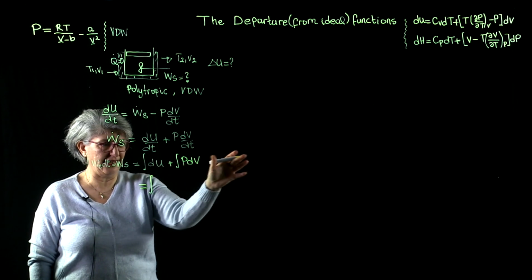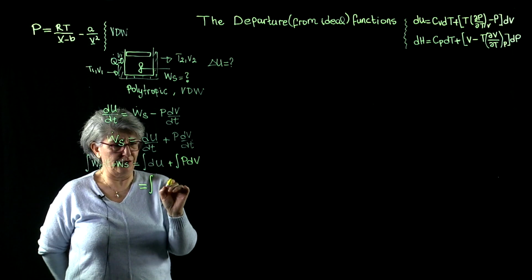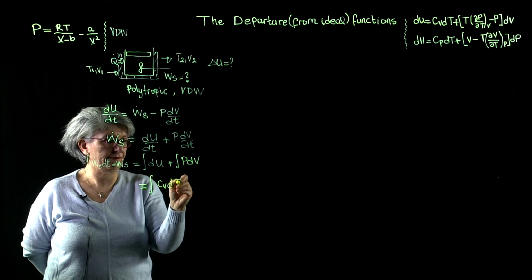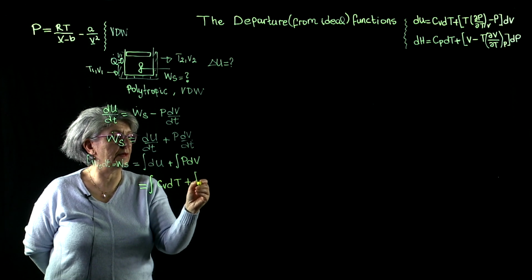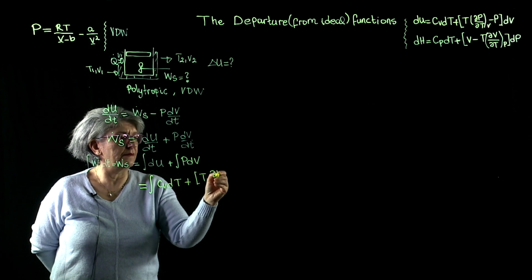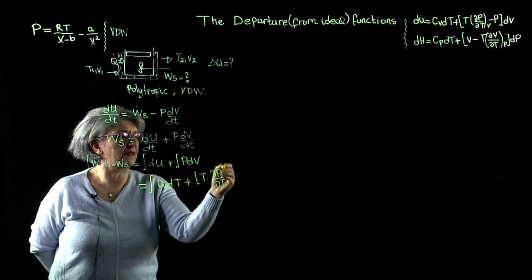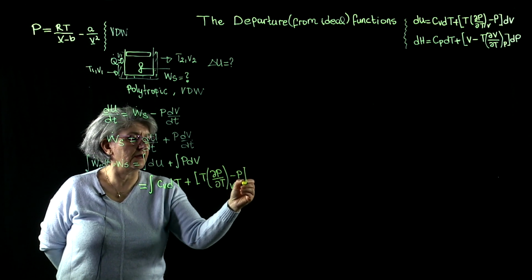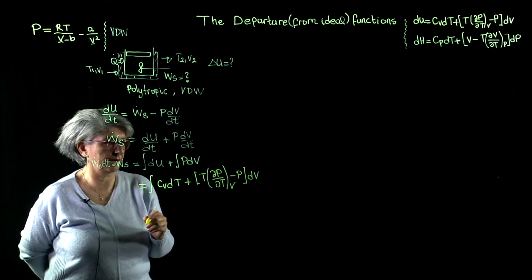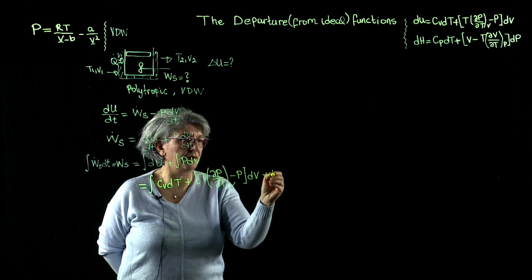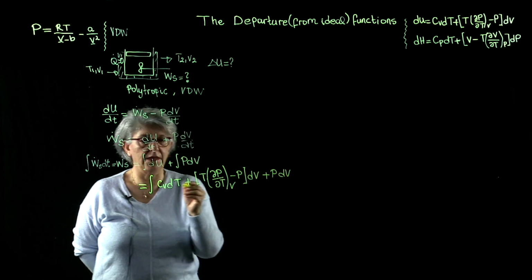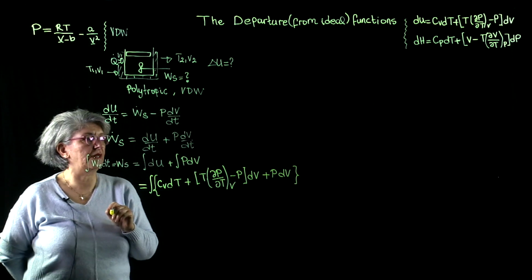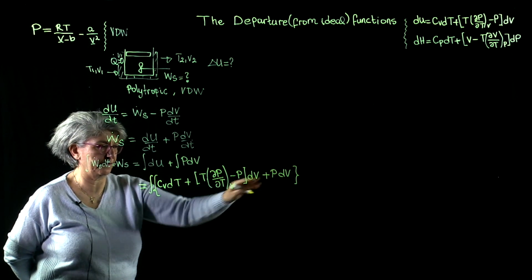And I will just combine everything in the same integral for the sake of clarity. This is going to be cv dt plus t del p over del t at constant v minus p dv, plus p dv. Let me put everything in fancy parentheses to indicate that our integral covers everything.